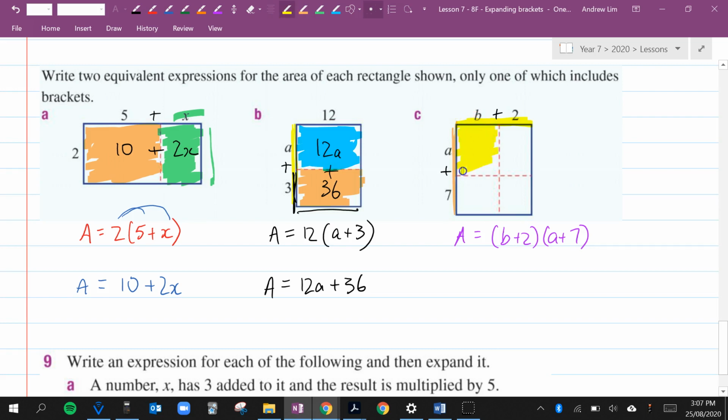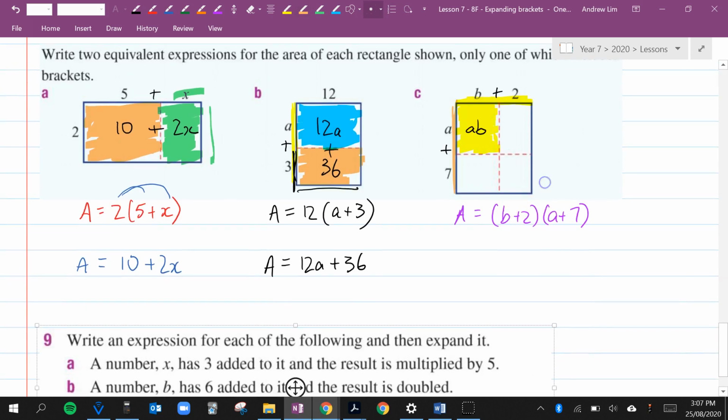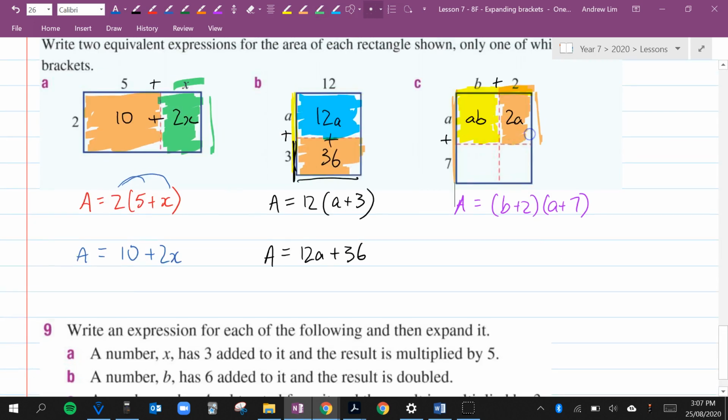The area of this rectangle is a times b, which is ab. The area of this rectangle is 2 times a, which is 2a. The area of this rectangle is b times 7, or 7b.